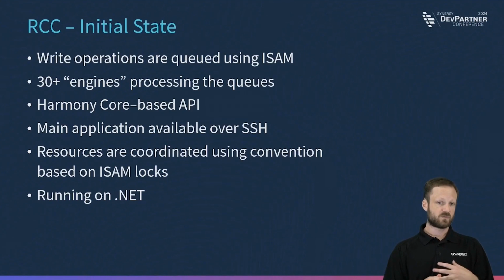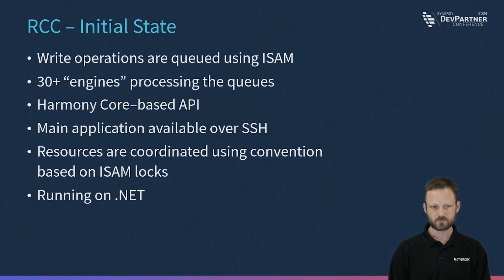The main application, when it's deployed on Linux, is available over SSH. When it's deployed on Windows, it's available over RDP. And resources are coordinated using a convention based on ISAM locks. It today runs on .NET. Generally speaking, that means .NET Framework, but it also runs on .NET 6+, which is what we're going to take advantage of.